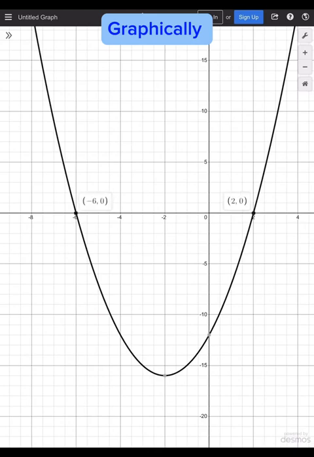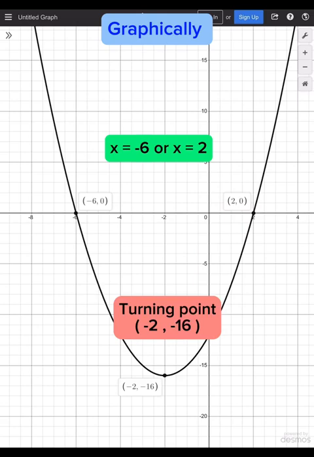These are called the roots, or the solutions to the quadratic, and we're particularly interested in the x part of each coordinate. So you can see x is equal to negative 6 or x is equal to 2, which are the same two solutions as we've been getting so far. Also worth noting that the turning point, which we got from completing the square earlier, is negative 2, negative 16.